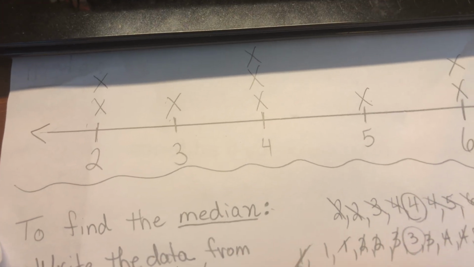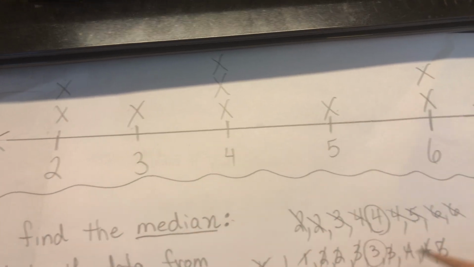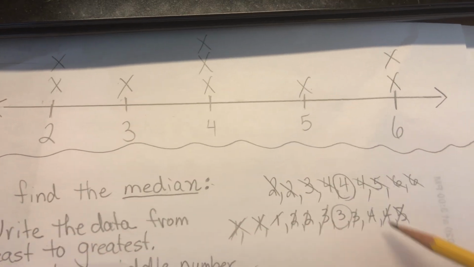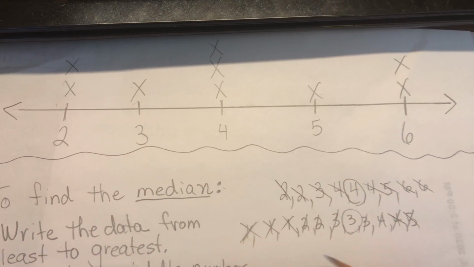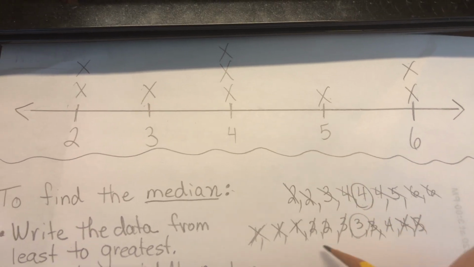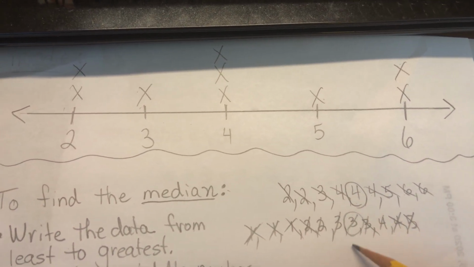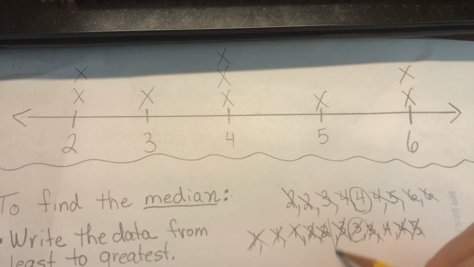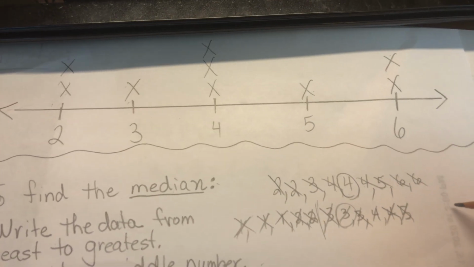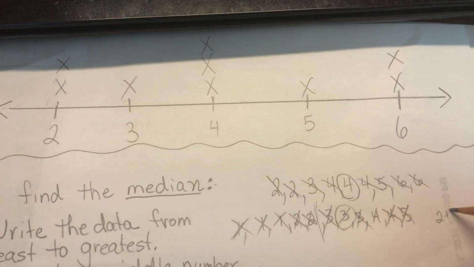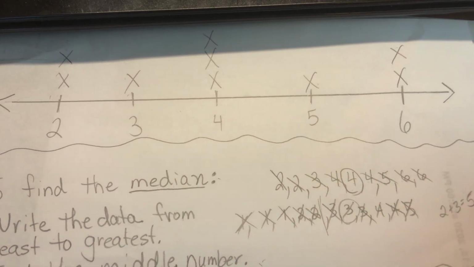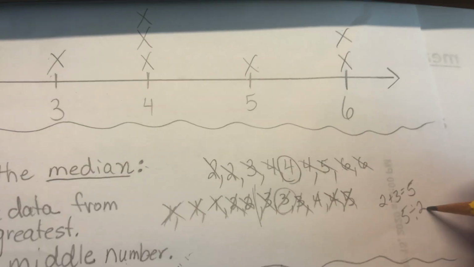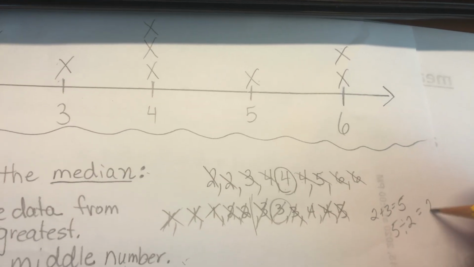So then we would cross off, I'll put an X this time, a 1 and the 5, and a 1 and the 4, and the 1 and a 3, and the 2 and the 3, and the 2 and a 3. So my middle numbers were a 2 and a 3. So a 2 plus a 3 equals 5, and then 5 cut in half equals 2 and a half.